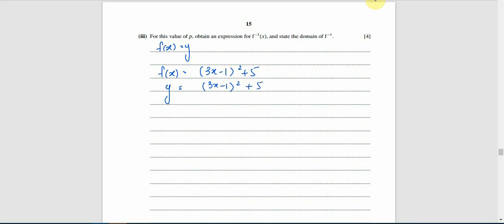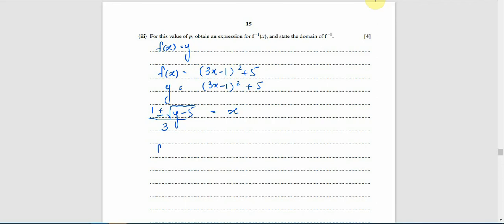So when I'll be making x my subject, it will turn out something like this. Plus 5 will go there, become minus, this square will turn into an under root over here, and this minus 1 will go here, become plus 1, and this 3 with the x will divide over here, this will become x. Now I'm gonna take x and replace it with f inverse x and replace y with x.